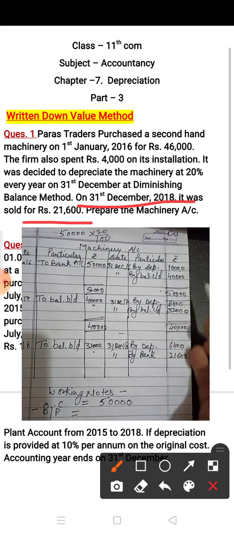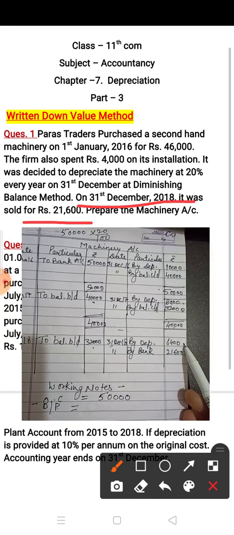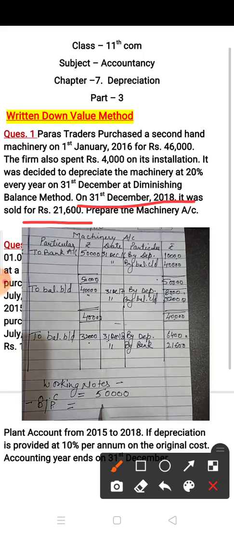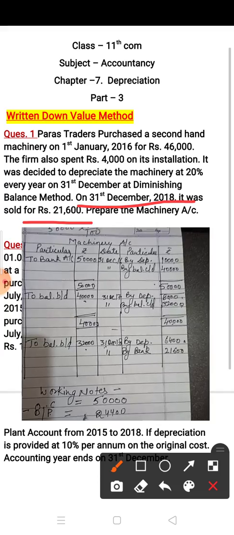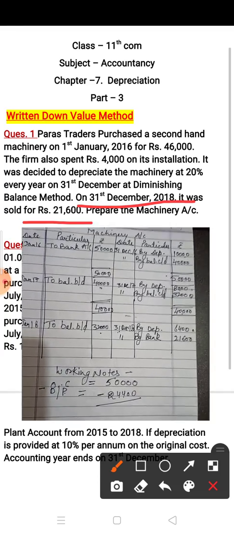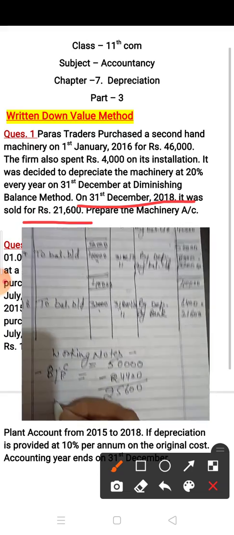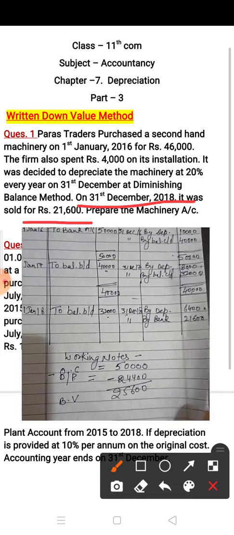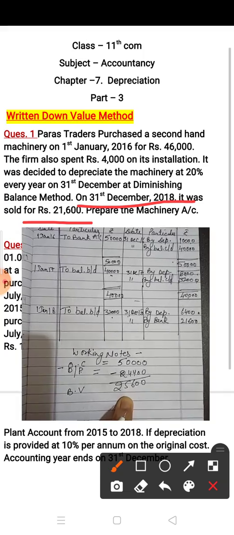This 10,000 plus 8,000 is 18,000, plus 6,400, it is 24,400. So this is the depreciation amount. Now this you have to subtract, and after subtraction, the amount which will come is the book value. And what do you mean by book value? Book value means the value at which you can sell the machinery.